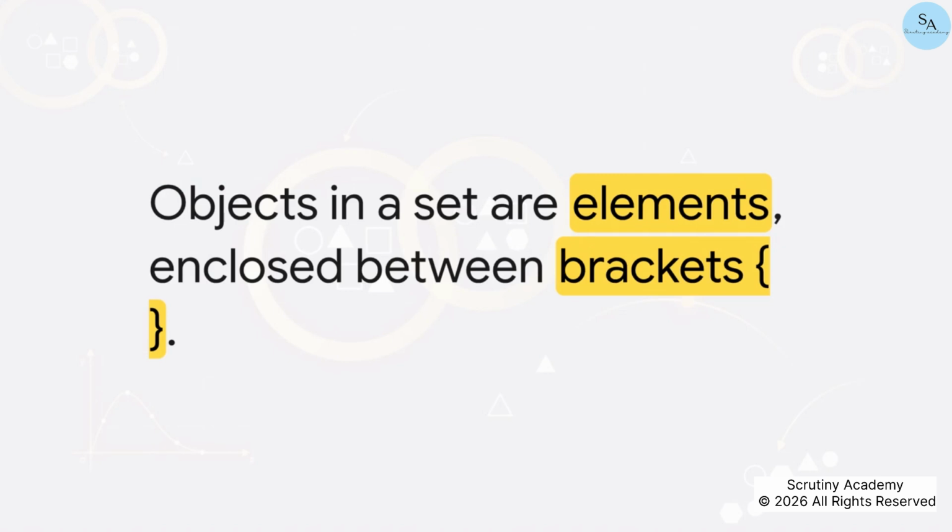Once we have our set figured out, we need to know how to write it down properly. The objects in a set are simply called elements. To show that these elements belong to a specific set, we write them by enclosing all of them between curly brackets. Think of these curly brackets like a safe little fence, telling us exactly what lives inside our well-defined collection.